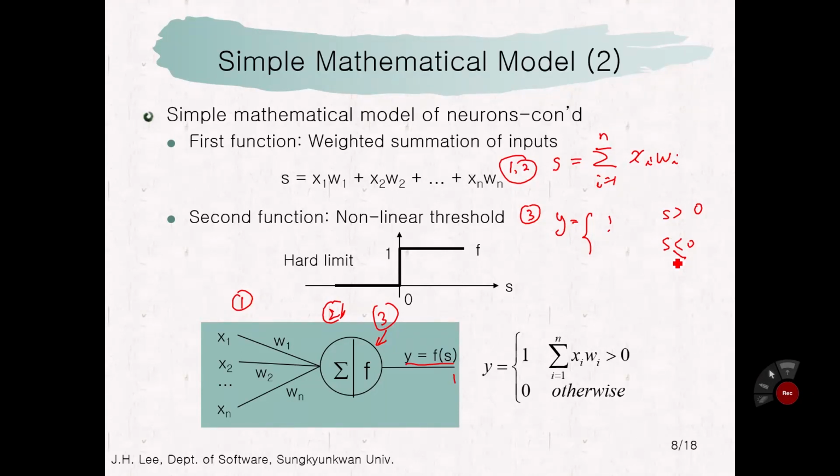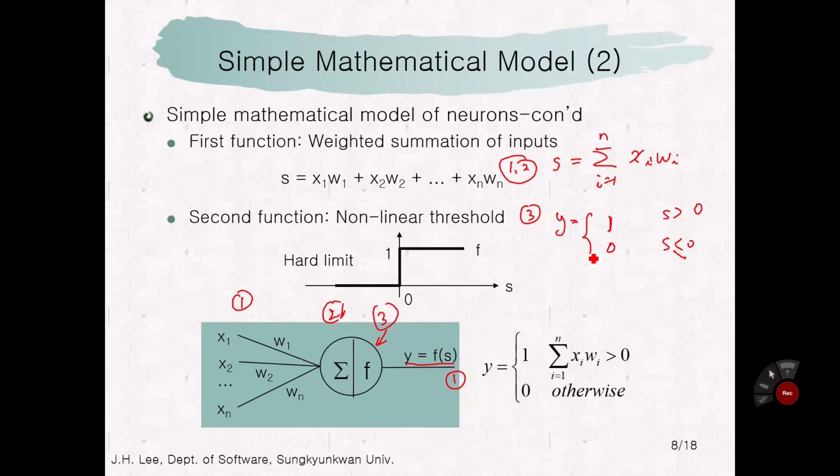So anyway, if the summation is greater than 0, then the output will be 1, and if not, the output will be 0. So this is some kind of binary neuron, right? Because it produces 1 or 0, one of two values. So we may say that this is a binary neuron.